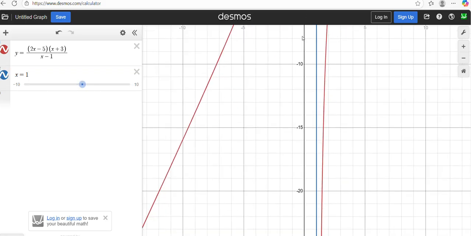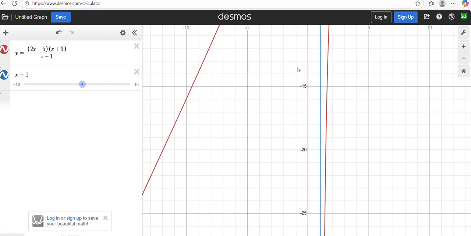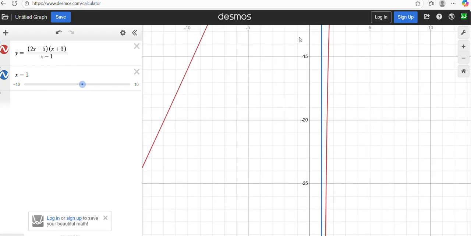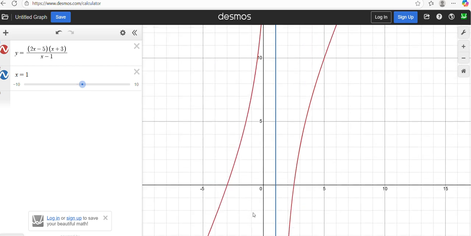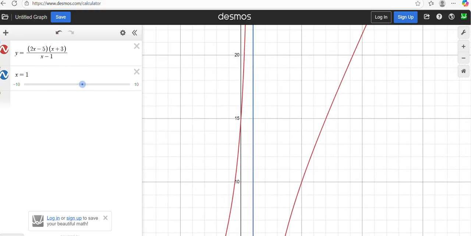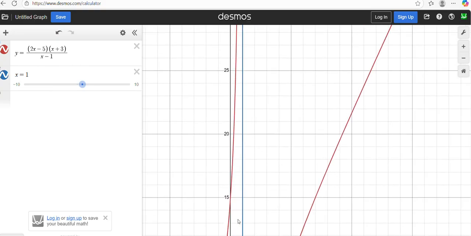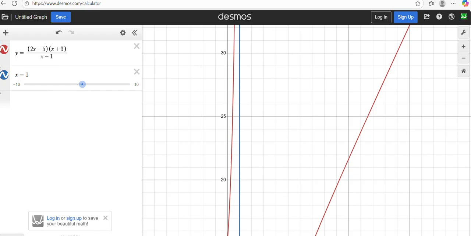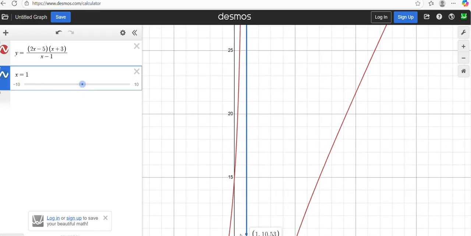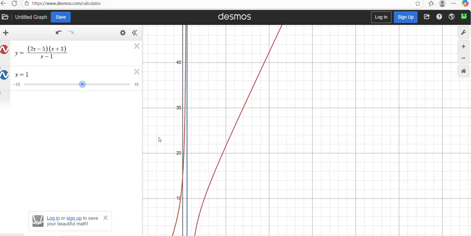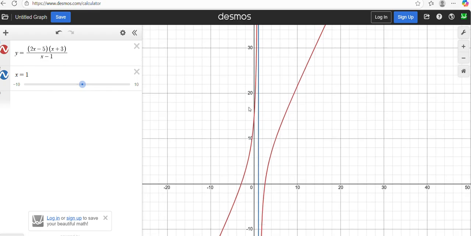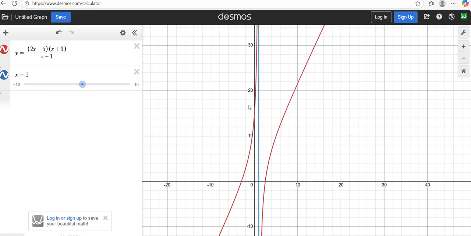We can see the red curve getting closer and closer to the blue line, but it will not touch or cross it. Similarly, if we go up, the red curve, the original function, will approach the blue line, the vertical asymptote, but it will not touch or cross that blue line. So we have verified that x equals 1 is in fact a vertical asymptote.